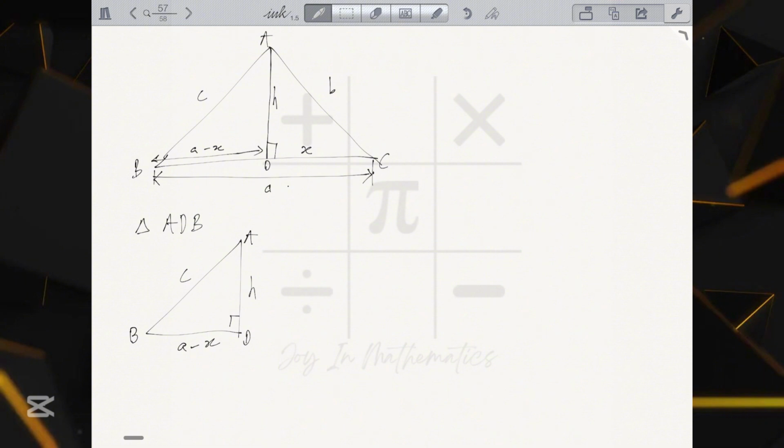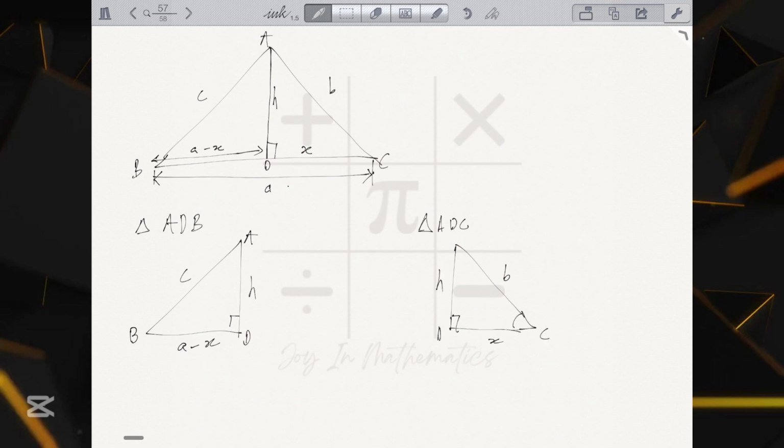And likewise triangle ADC, which is right-angled at D, has a hypotenuse of b, a height of h, and an adjacent of x.